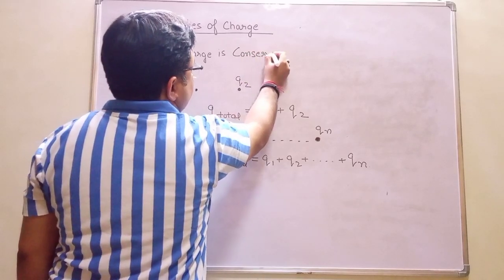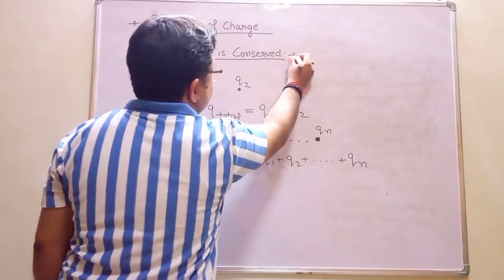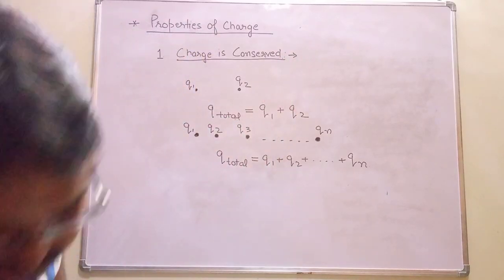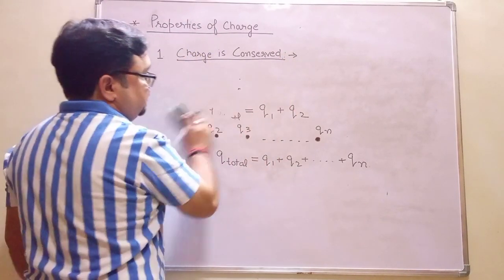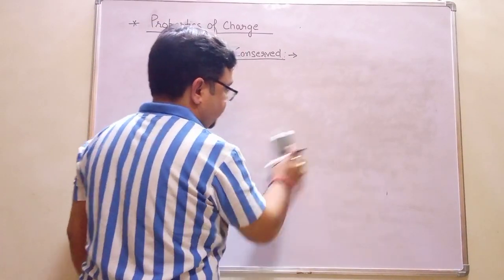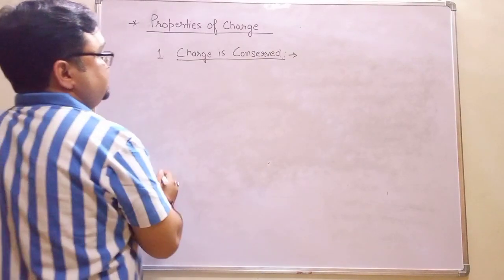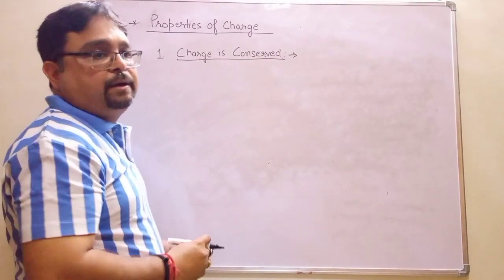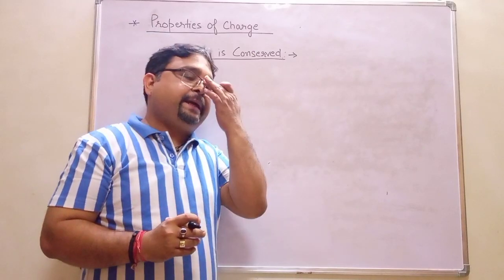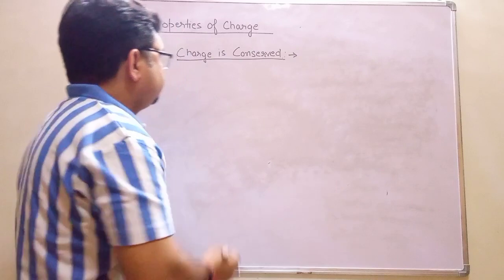charge is conserved. Charge is conserved means charge can neither be created nor be destroyed. So whatever total amount of charge is present in a system, it will always remain as it is if it is an isolated system.